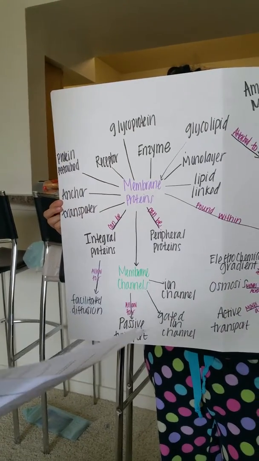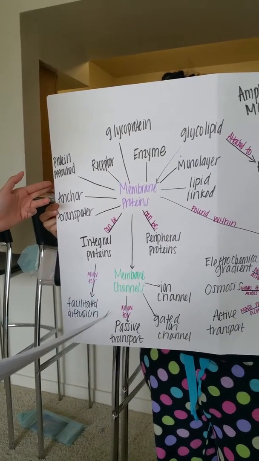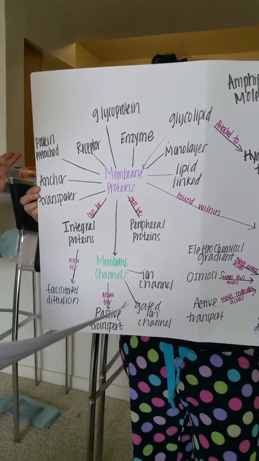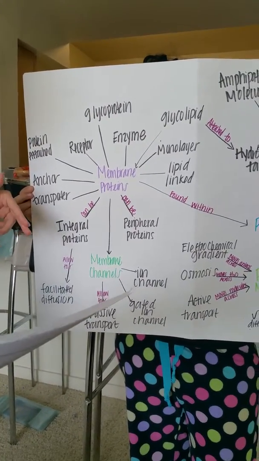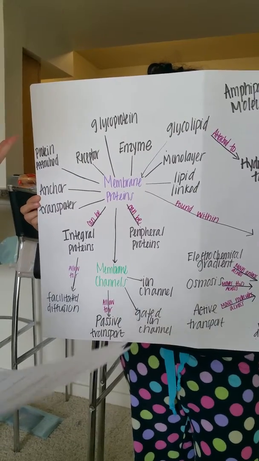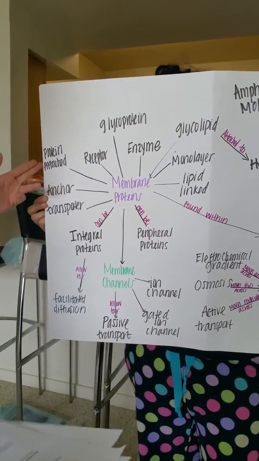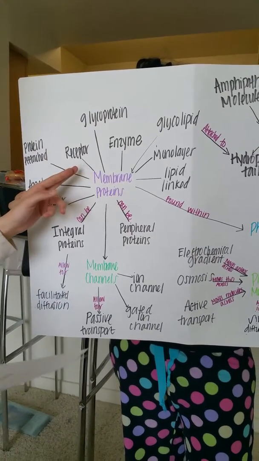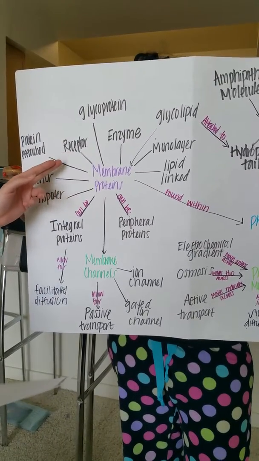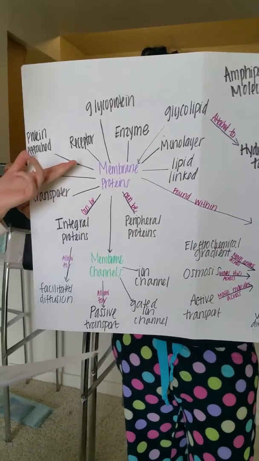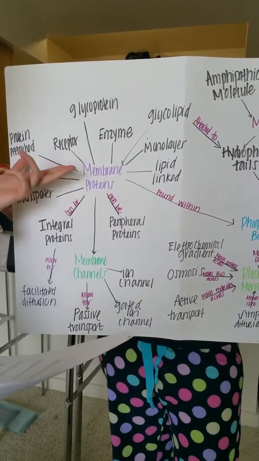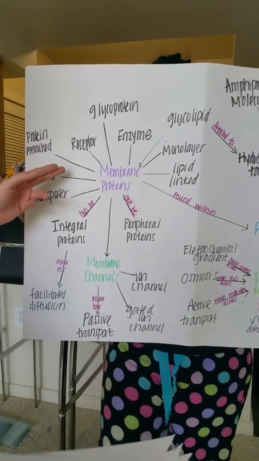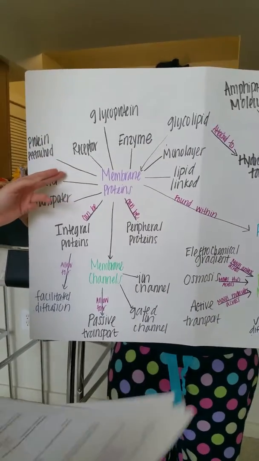We have protein-attached associated proteins, which attach proteins to other proteins by means of weak non-covalent bonds. We also have receptor membrane proteins, which are able to detect a stimulus that's usually caused by a change in the concentration of a specific molecule.